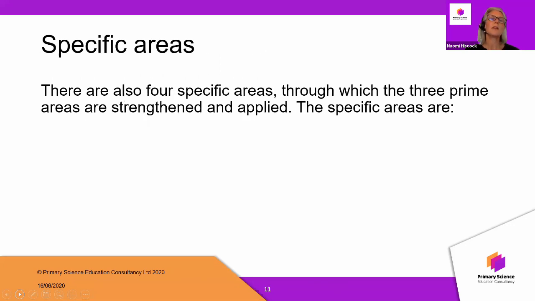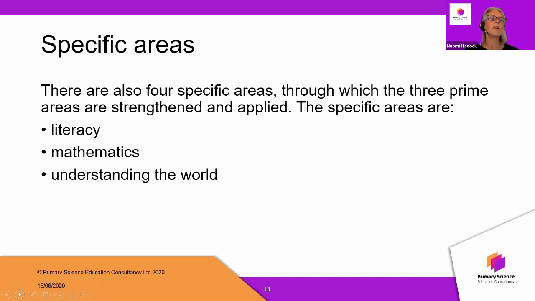And also they are strengthened and applied in these 4 specific areas: literacy, mathematics, and you can see the words starting to sound familiar if you're a Key Stage 1 or Key Stage 2 teacher. And then we have understanding the world, and that's where science fits, and expressive arts and design. So now you can start to see where this is leading into the Key Stage 1 curriculum, but we're not teaching it in the Key Stage 1 curriculum style.